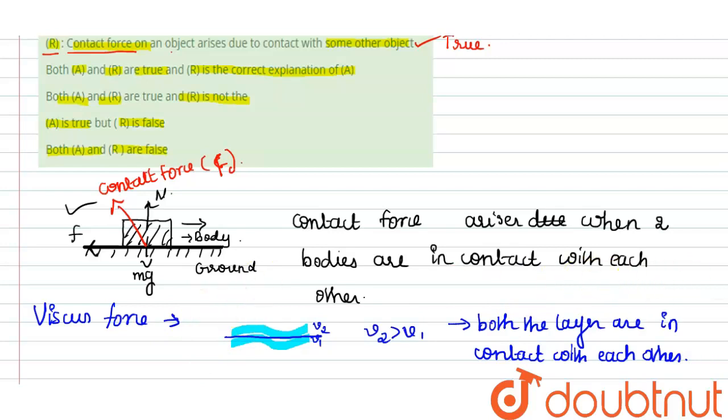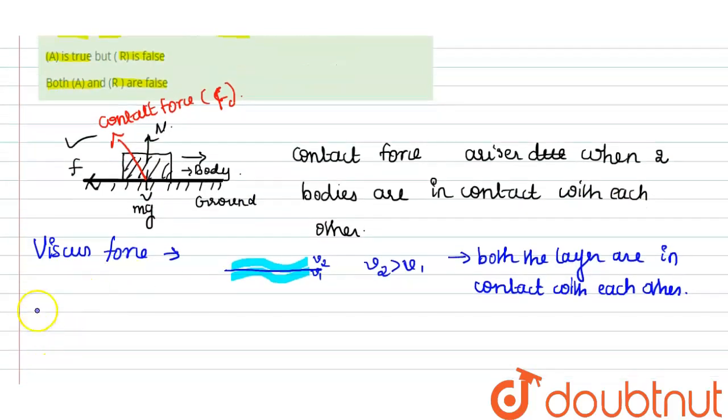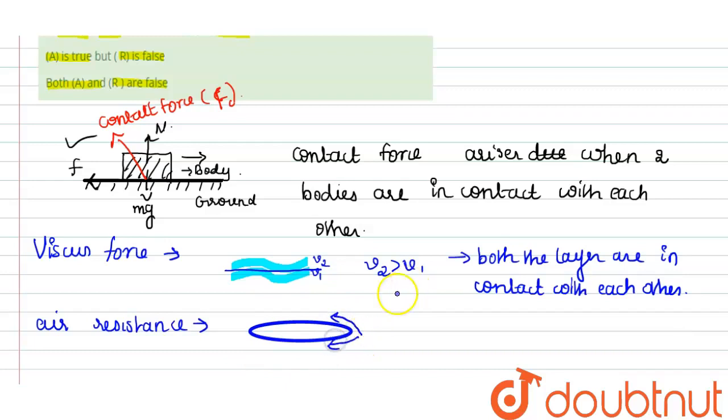Next we need to check whether air resistance is an example of contact force or not. If we consider an object here, air is moving upwards as well as downwards like this. Air gets in contact with this part, hence air resistance acts.